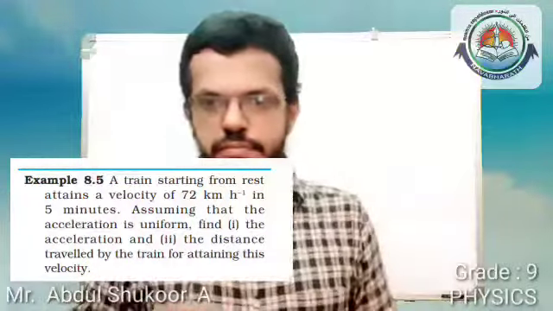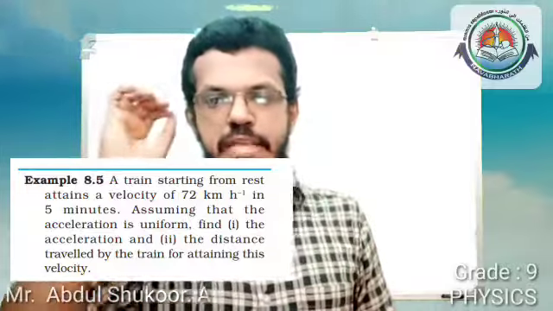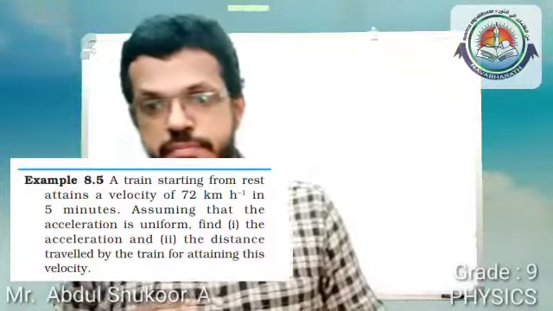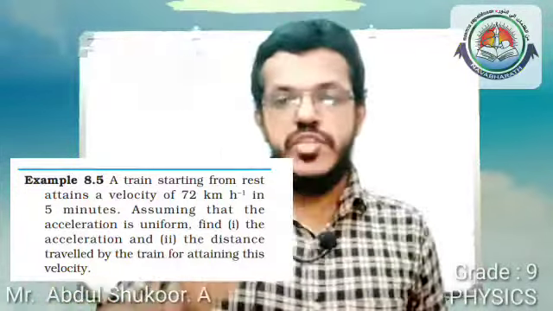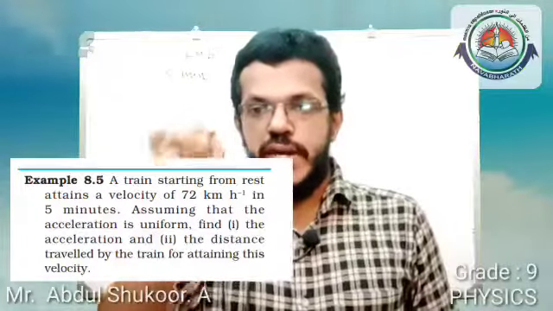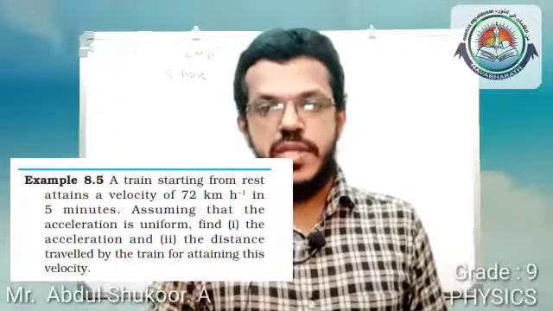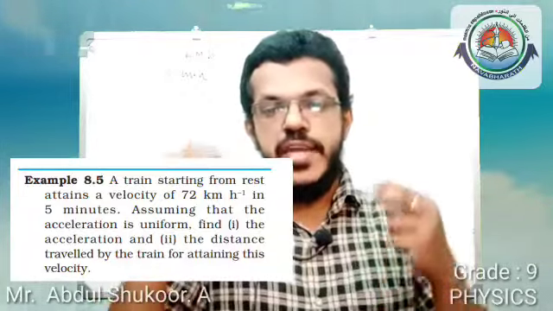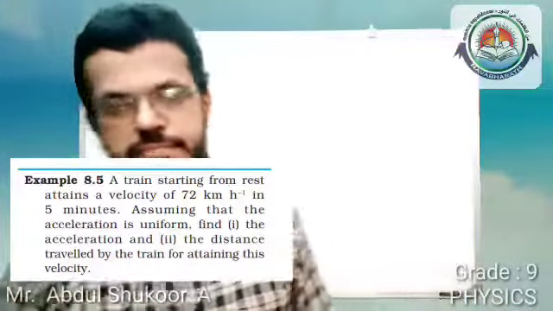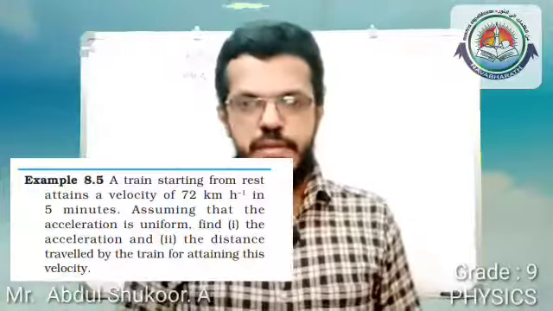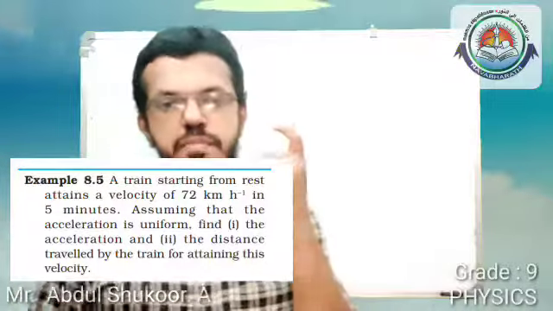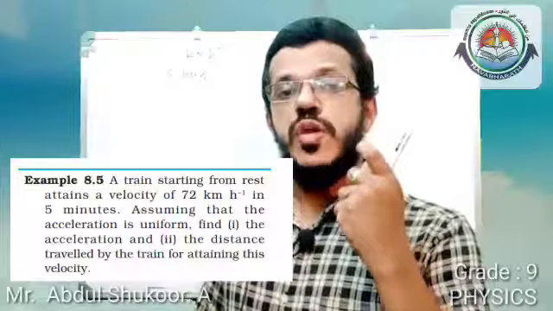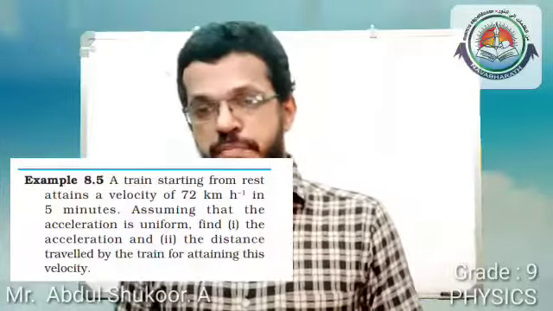Then, assuming that the acceleration is uniform, find the acceleration. Second question, the distance traveled by the train for attaining this velocity. That is the question.